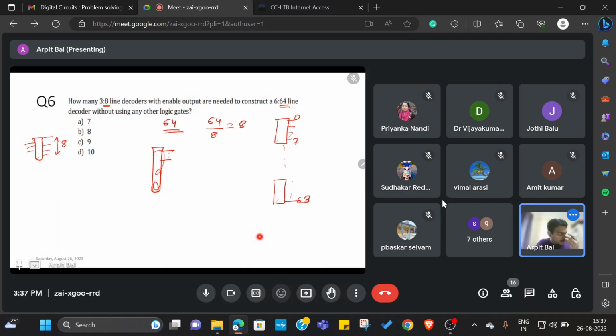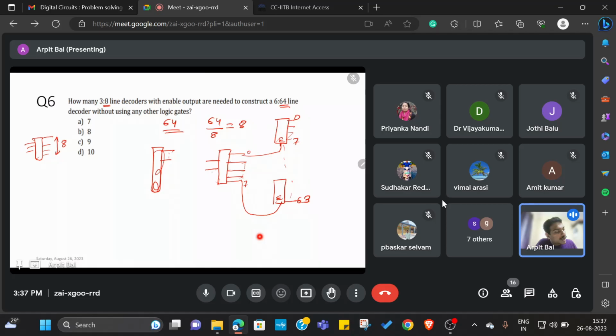The next thing is we have to select from each of these 8, any one has to be active, right? So we can place another decoder at the front. Let us assume this is 0 to 7 and it is connected to the enable inputs, and similarly this is connected to this.